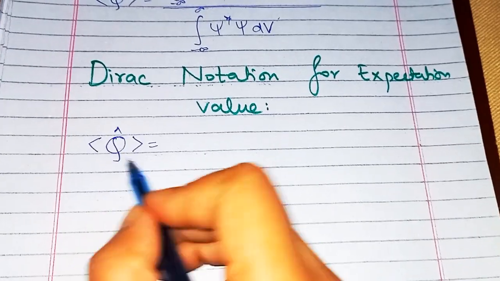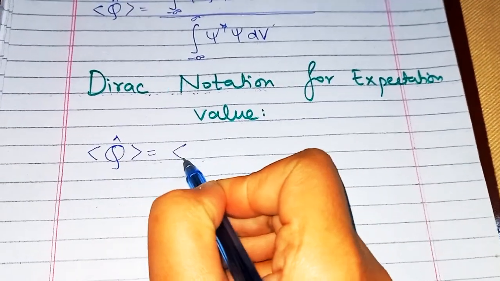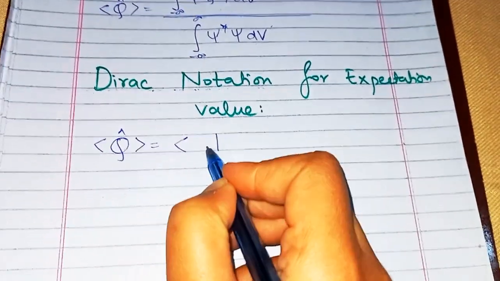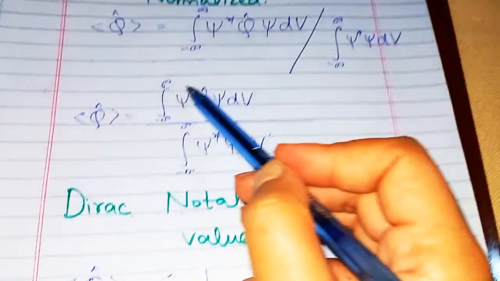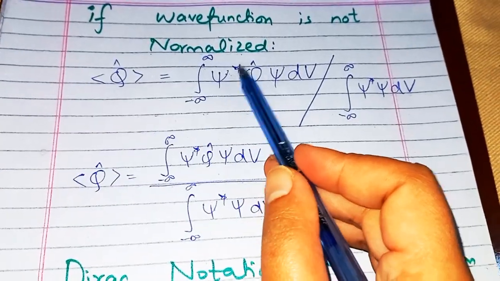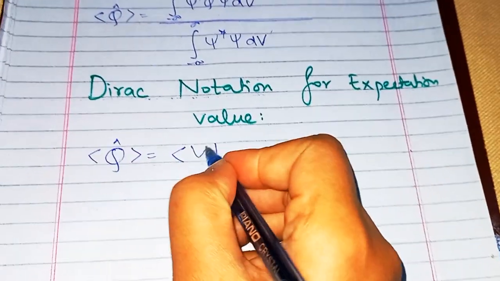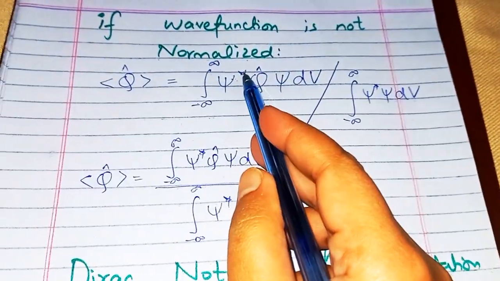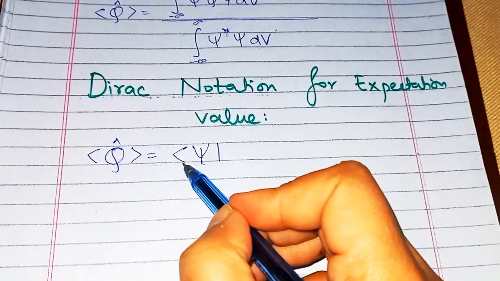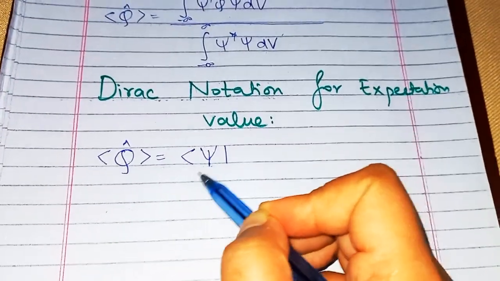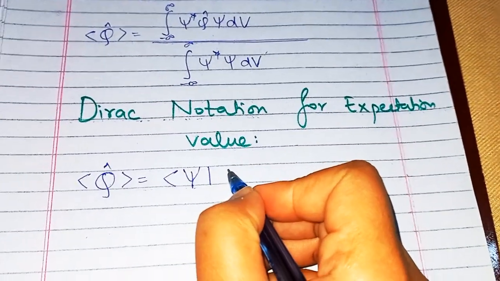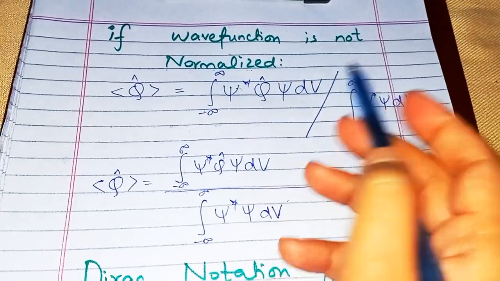We have the bra first, and psi star goes in the bra section, and we write psi only. The star will not be mentioned because in a bra it's understood that it comes out as the complex conjugate of psi.